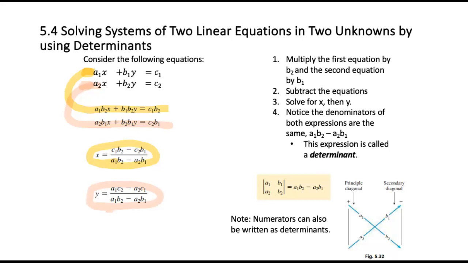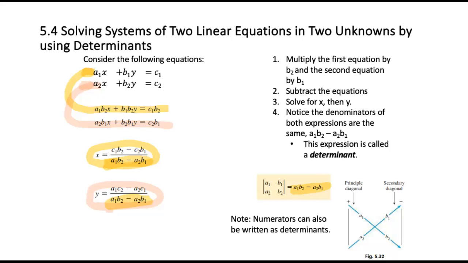Now, to describe these fractions, we have a shortcut form. If you'll notice, in both of these, the denominators are a sub 1, b sub 2, minus a sub 2, b sub 1. That's the denominator in both of these fractions. A shortcut way of writing that is as a determinant.